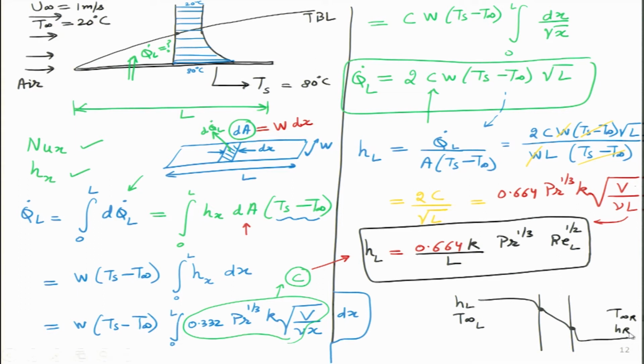Now we are beginning to get a glimpse of how we will be able to find out the value of HL, because in those problems we were just taking some numbers like 2 watts per meter square Kelvin, maybe from a book or from experience.